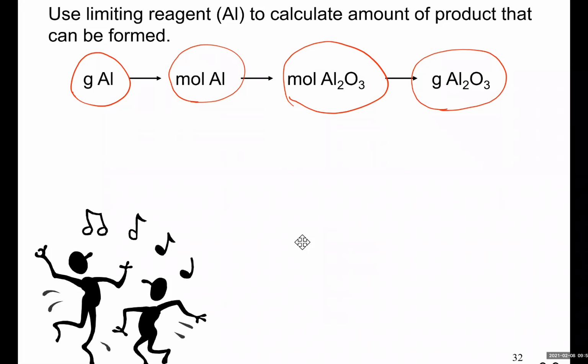Then decide which one is excess, and base your calculation on the one we are short of, which is the number of girls. It doesn't matter if you have 50 boys or 100 boys or 2,000 boys. The maximum number of dancing couples is decided by the number of girls because those are the limiting factor.